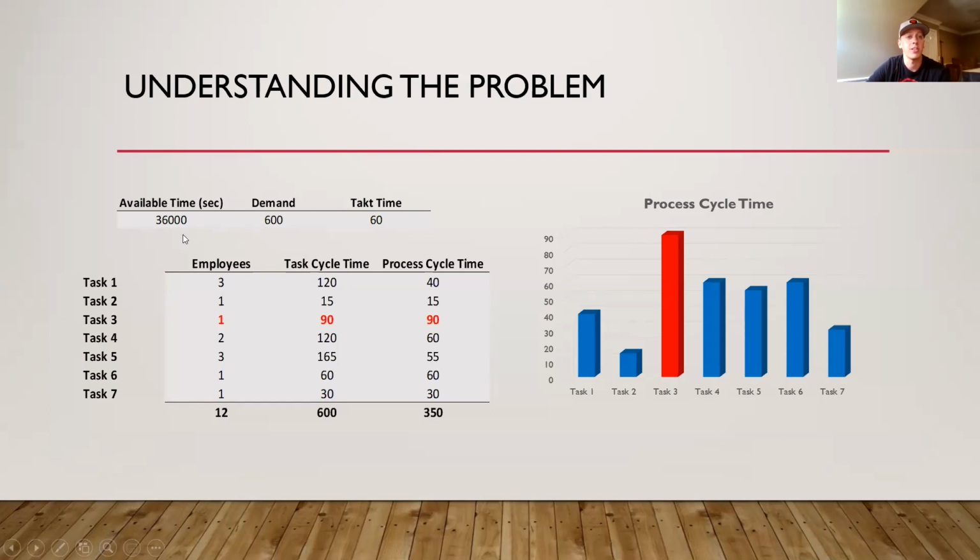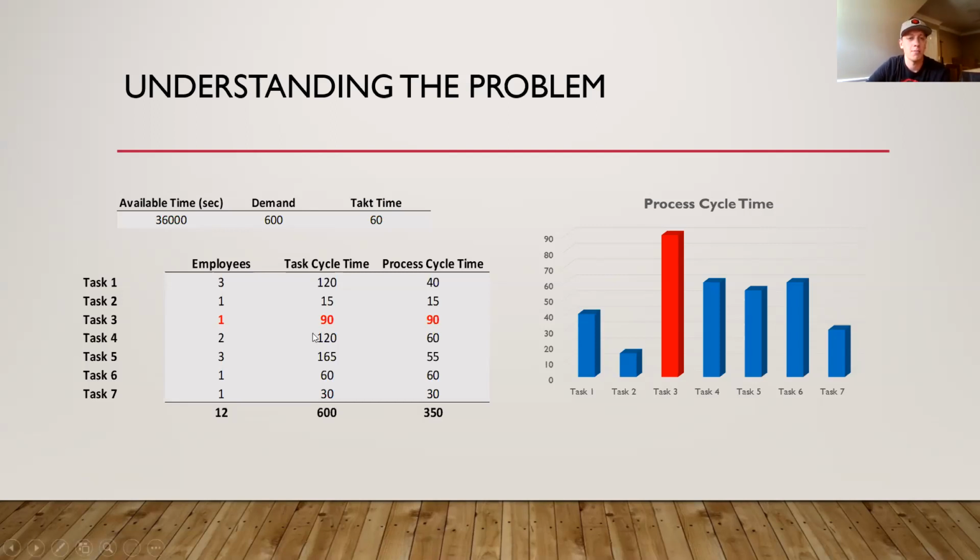We have a total of 36,000 seconds available every day in order to meet that production, which gives us a takt time of 60, right? So in order to be most efficient and effective and ensure that we are producing our daily demand, no single process within the entire chain should exceed our takt time, right?